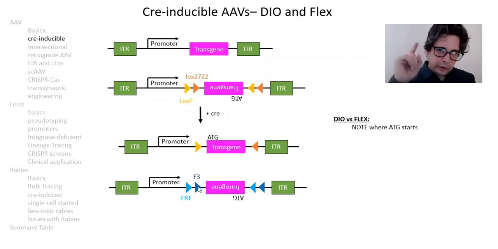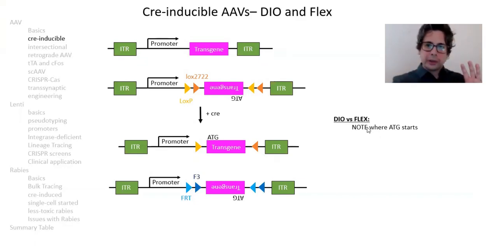Now, one particular note, this is important, and more of a historical one at this point: there used to be a difference between DIO, double inverted open reading frame, and FLEX, which I forget what it means. But nowadays, they're functionally the same. And note where the ATG starts, though. In all the DIO constructs, the ATG is within this transgene here, where it would normally start.